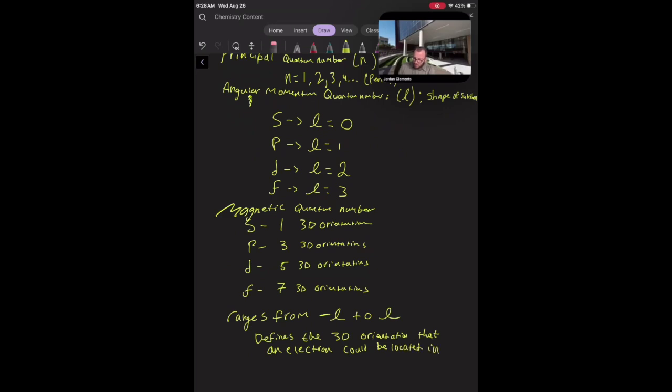Again, it's kind of like a zip code. You know, maybe this is your street. So it's kind of giving us specific information on where the electron is.